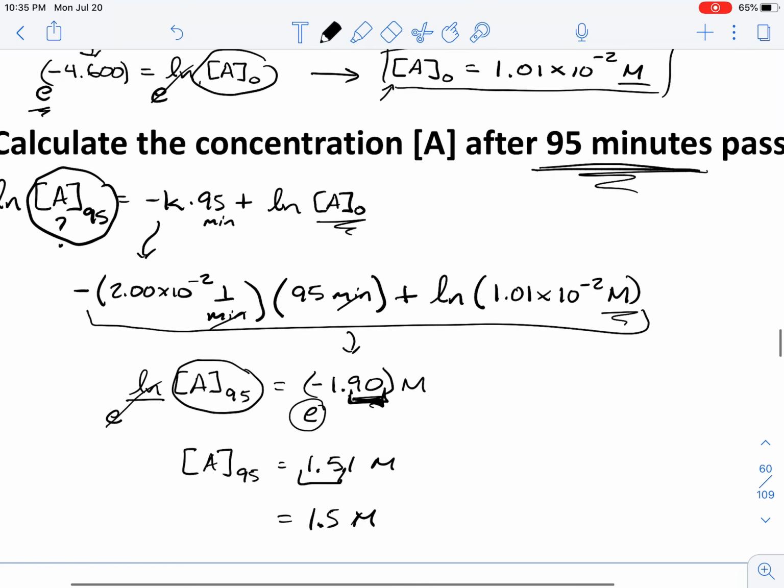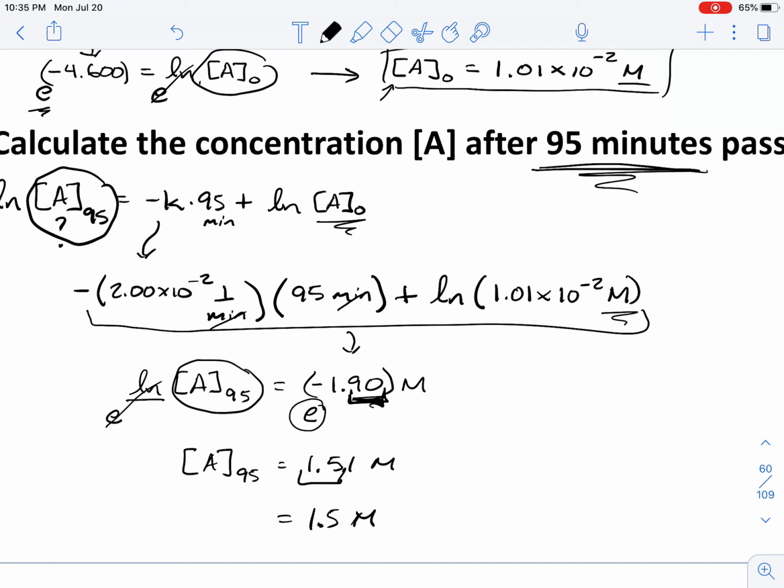Let me see if I'm missing something here. So let me just check my math real quick, because this does not make sense. So I have 2.0 times 10 to the negative 2 times 95, times negative 1.